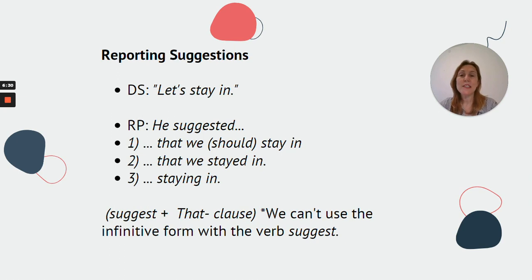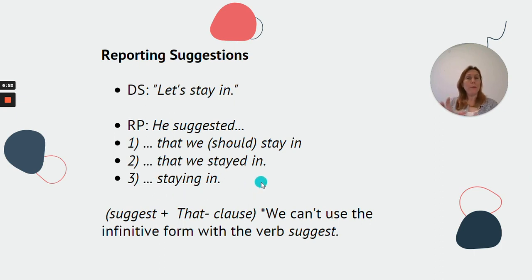He suggested that we stay in, or that we should stay in. We can use it or not. Here we use the infinitive form. Or he suggested that we stayed in the past. Or simply, he suggested staying in, an ing form, right?